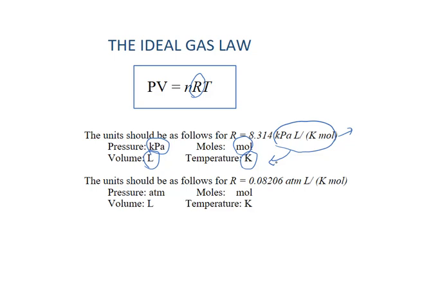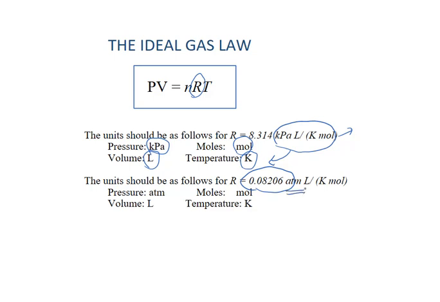Now, as you know, when you're studying gases, we don't always use kilopascals for our units of pressure. Kilopascals and atmospheres are the most common units of pressure to use. And so what we've done is we've also derived, using the same method as the previous slide, the R value for a pressure of 1 atmosphere.